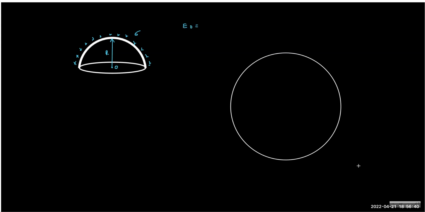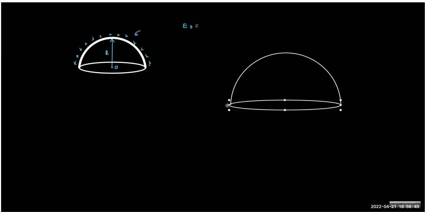I will remove the half first. So first of all, we have to move theta from the reference. First you move theta, and then you make a small cut into theta.